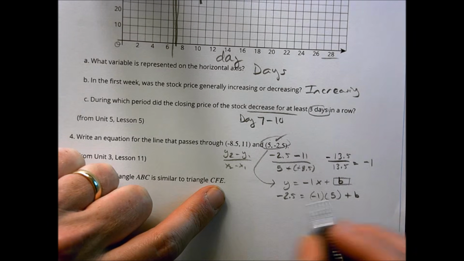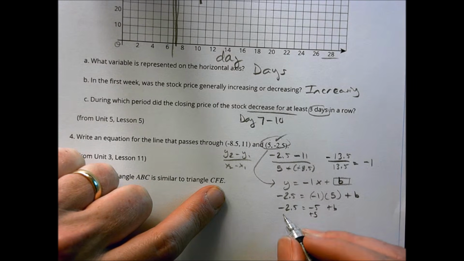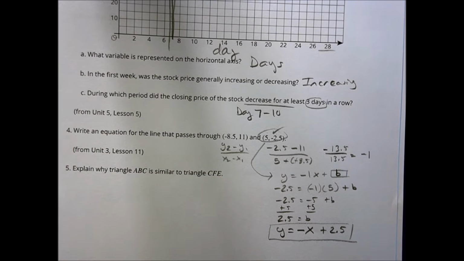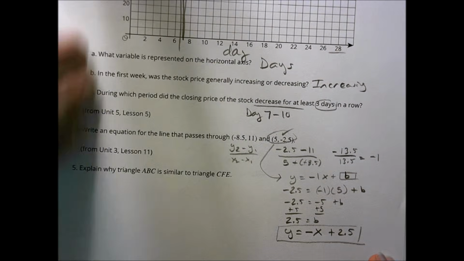So negative 2.5 equals negative 5 plus b. I'm going to add 5 to both sides. So I have 2.5 equals b. So that tells me that my equation will be y equals negative, and I don't have to put a negative 1, I can just write negative x plus 2.5. And there's that one.